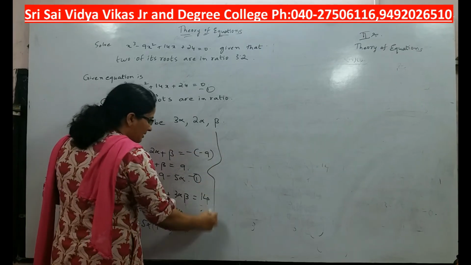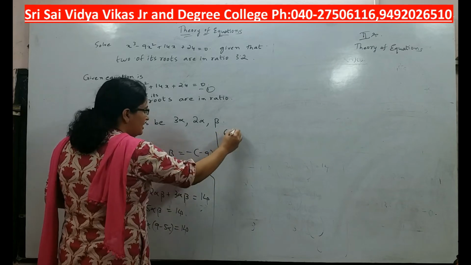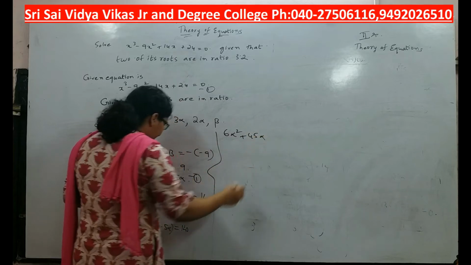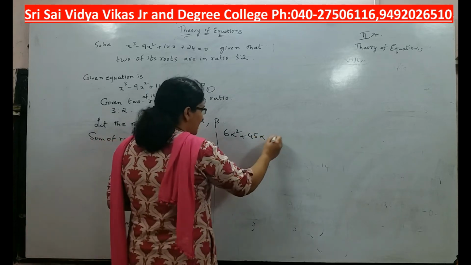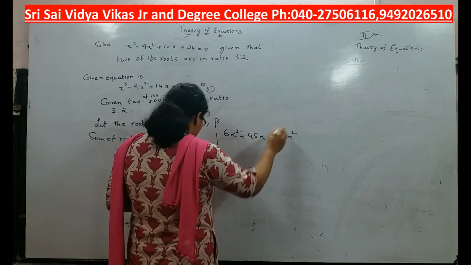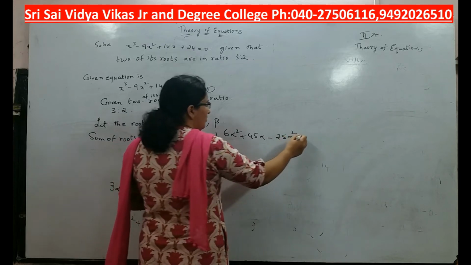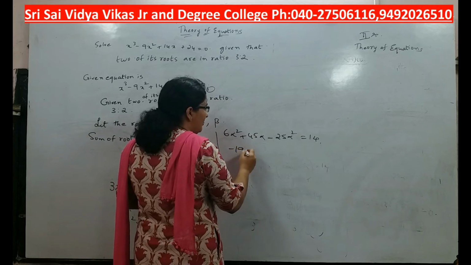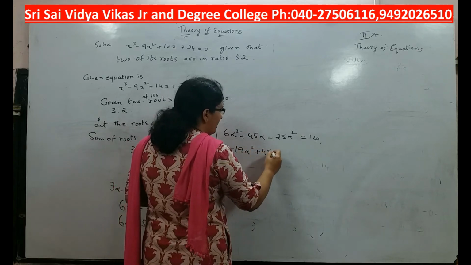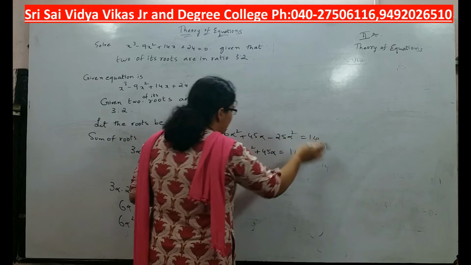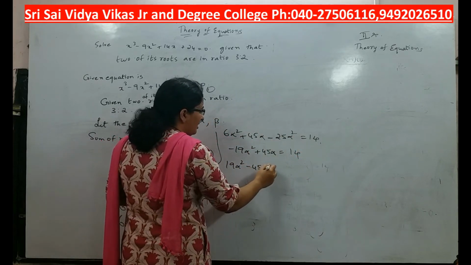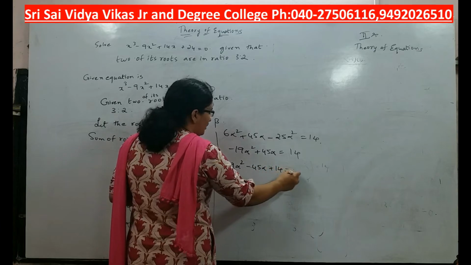Here what do you get? 6 alpha square plus 45 alpha minus 25 alpha square is equal to 14. Here you get minus 19 alpha square plus 45 alpha is equal to 14. Bring this to that side: 19 alpha square minus 45 alpha plus 14 is equal to 0.